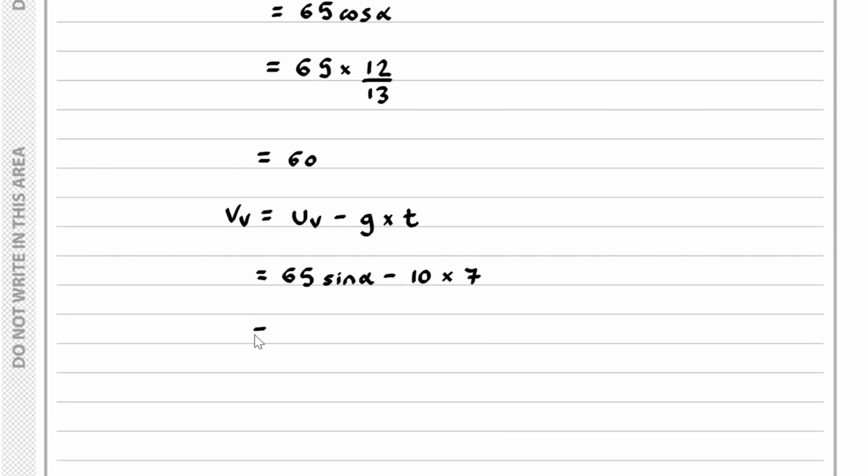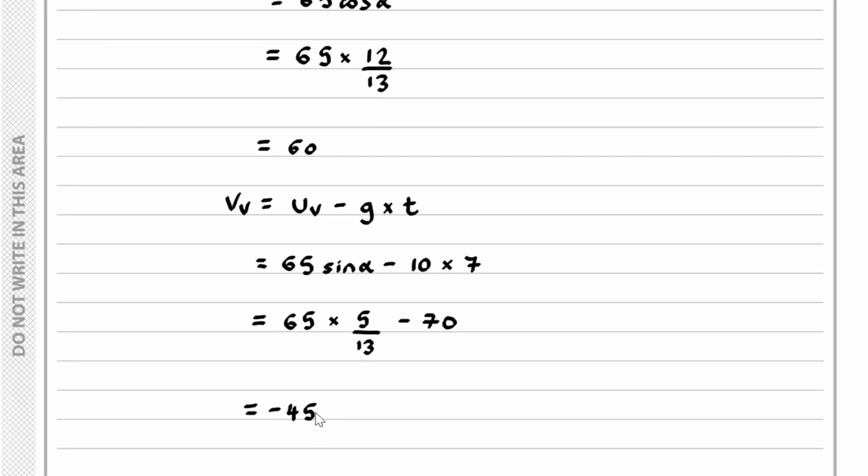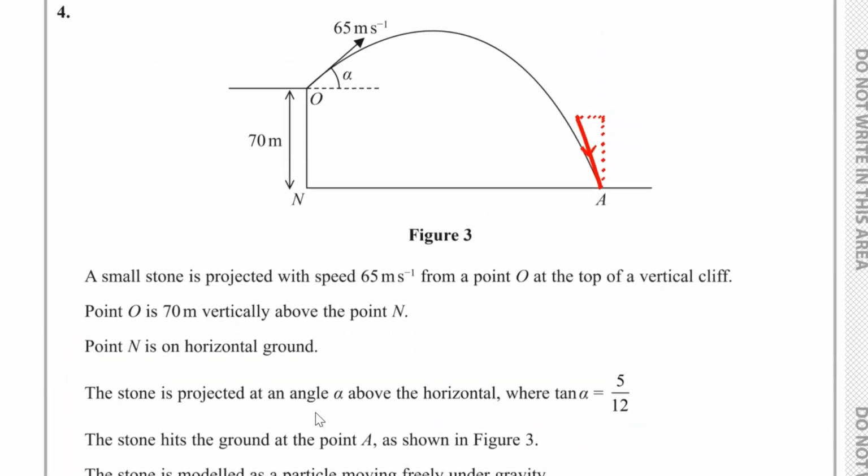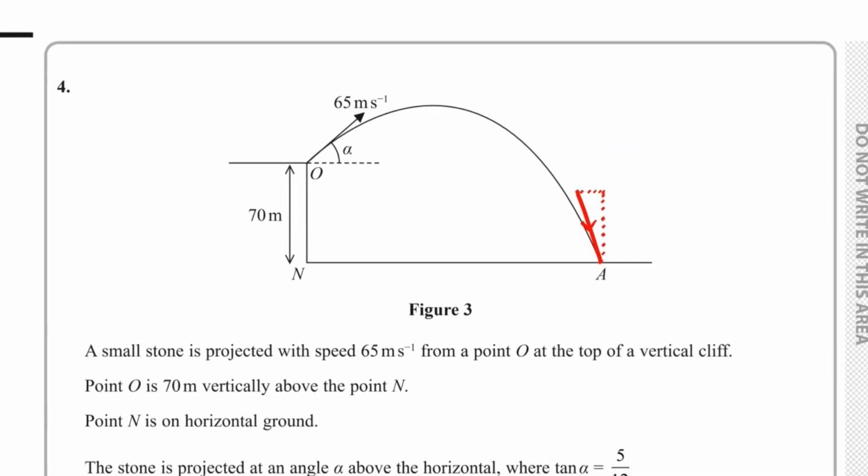So, we've got 65 multiplied by 5/13 minus 70. It turns out here we get minus 45. So in terms of the components, we have 60 and 45 here. Of course, minus indicates it's going down.